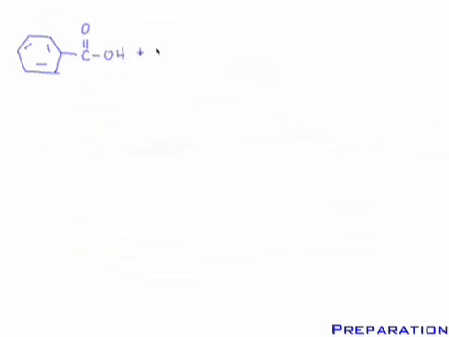So we might take some ethanoic anhydride, stir these two together, and what happens is the anhydride can actually scavenge the proton off the carboxylic acid.